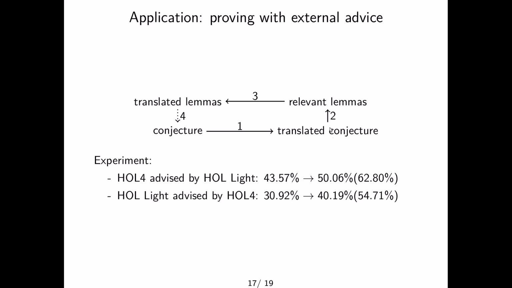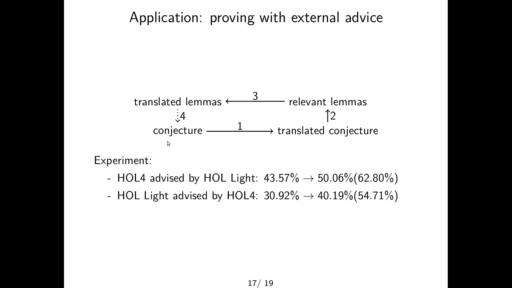You can use the relevant lemmas, find the lemmas that were used to prove it, translate those lemmas back, and try to prove it using Hammer. But also, it's possible that after translation, the conjecture does not exist. So in this case, you can still do some prediction just by using a predictor saying what relevant lemmas should be useful, and then translate those relevant lemmas back and try to prove the conjecture.